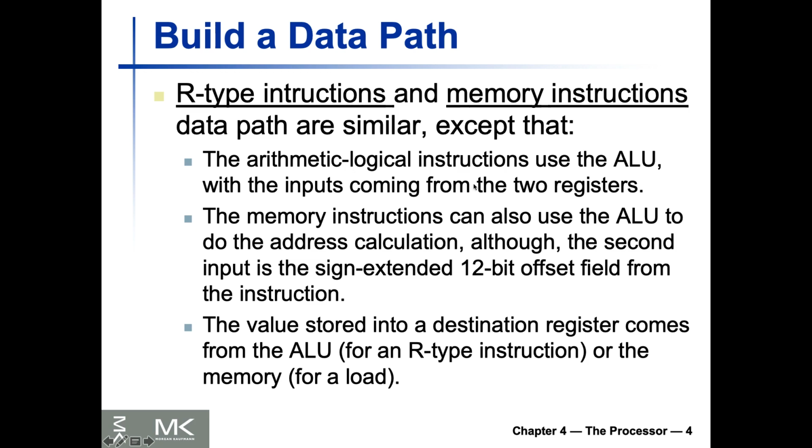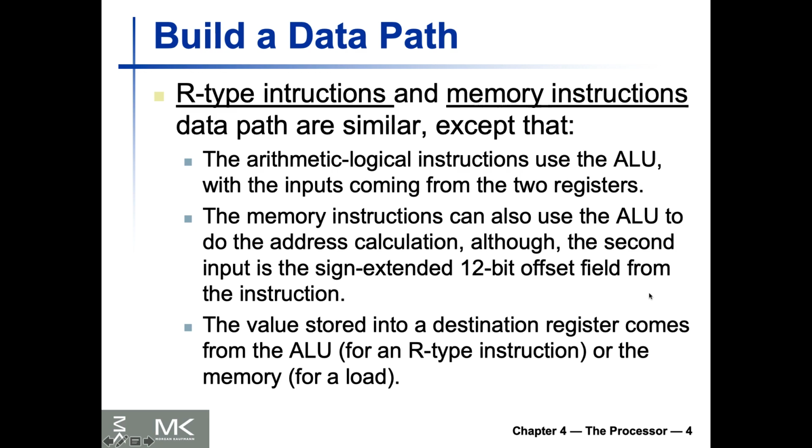The arithmetic logic instructions use the ALU, with the input coming from 2 registers, because we need to compute something between the 2 registers. So we need 2 registers as input. The memory instructions can also use the ALU to do the address calculation. The difference here is that the second input for memory instructions will only be used as a sign-extended 12-bit offset field from the instruction.